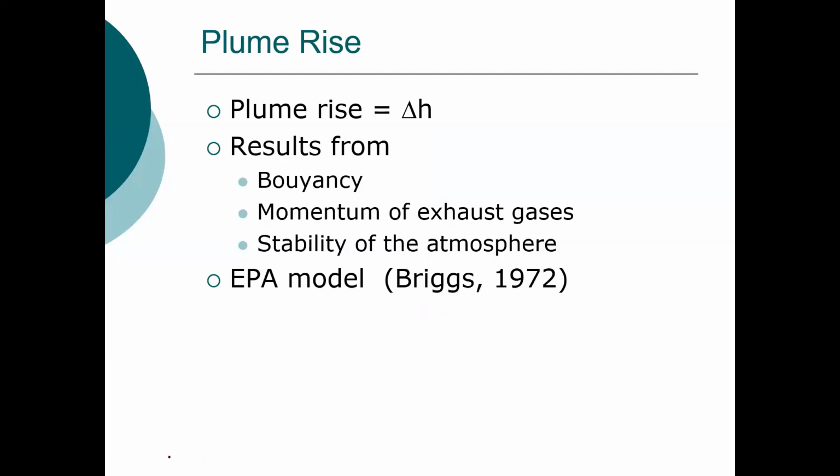Now, the plume rise we will denote as delta H. And as you saw in those previous photos, as the plume moves away from the stack, it loses vertical momentum fairly quickly due to drag and entrainment of the surrounding air. And that causes the plume to bend in the direction of the wind. But in many cases, it still rises.